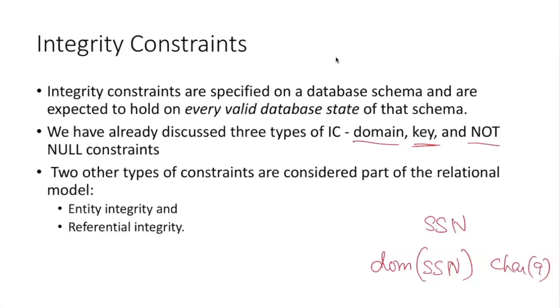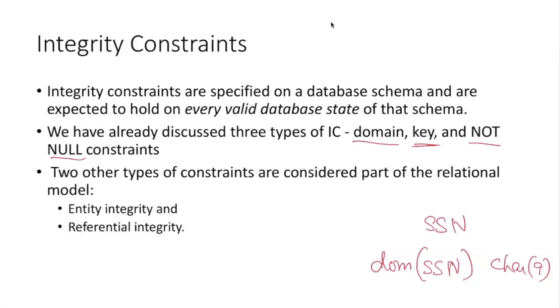And the third constraint we had looked at is the not null constraint. The not null constraint specifies that if a particular attribute is specified with the not null constraint, then the value cannot be empty. The value for every tuple of that relation, that column should always have a value.